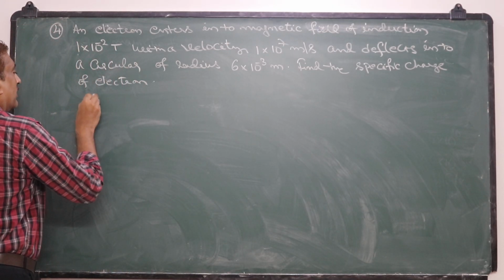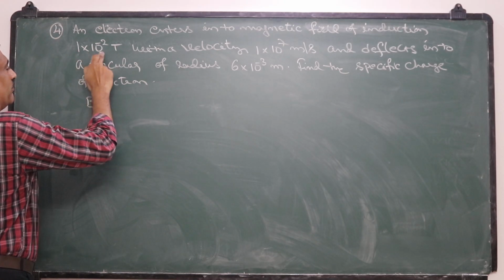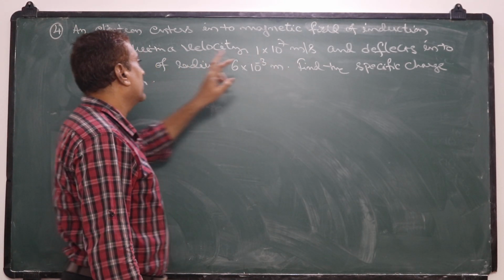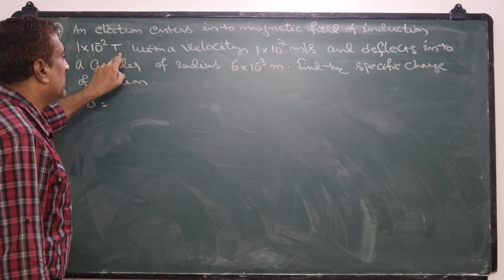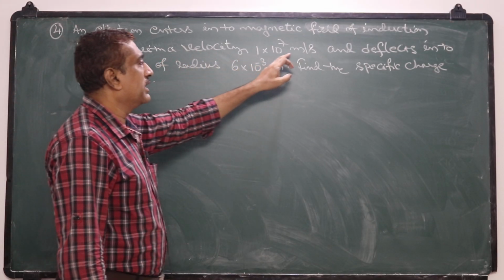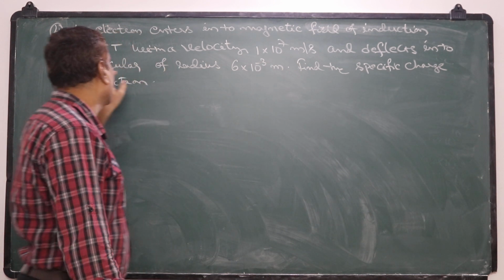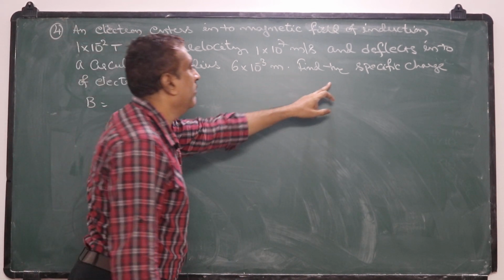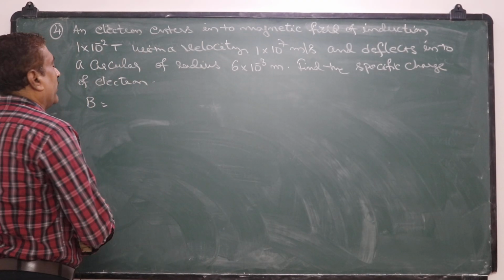So given: an electron enters into a magnetic field of induction 10 to the power minus 2 Tesla with a velocity 10 power 7 meter per second and deflects into a circular path of radius 6 into 10 power minus 3 meter. Find the specific charge of electron.